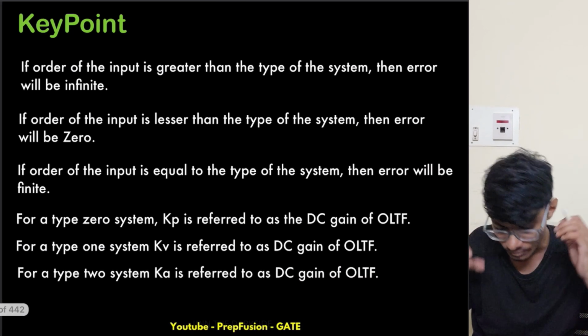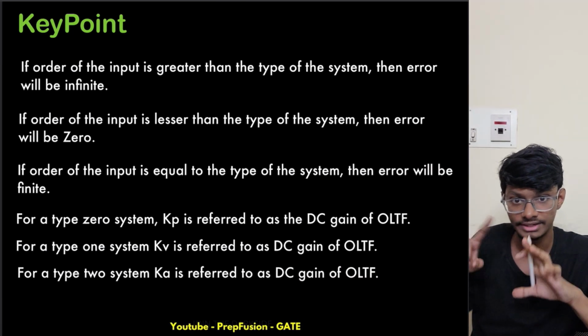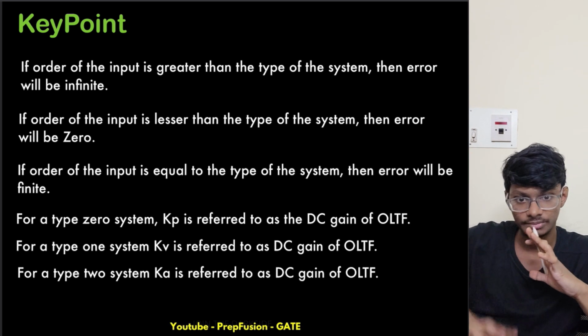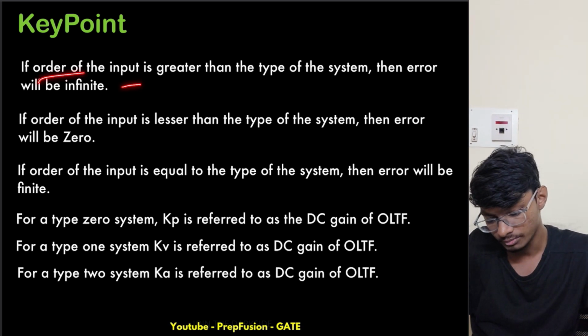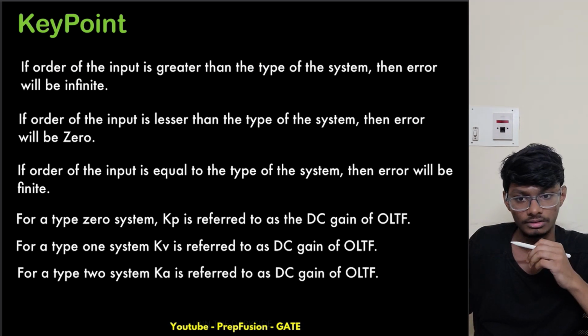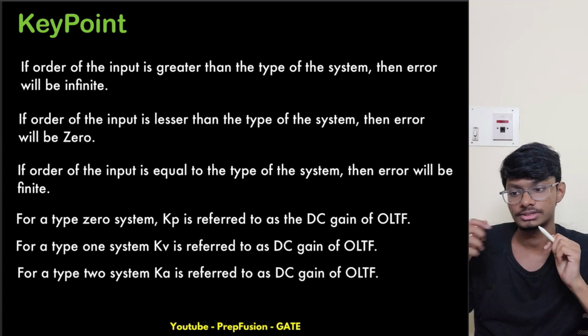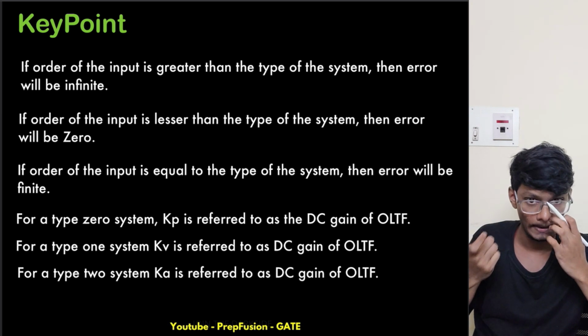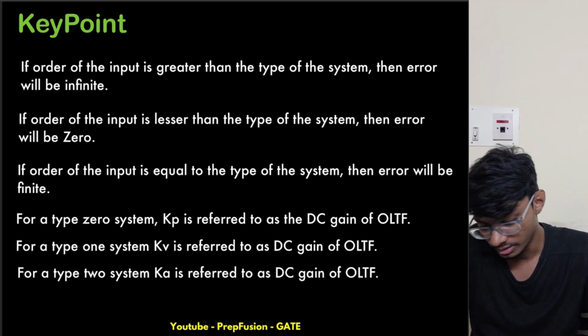So here I have written a few summary points that I didn't write down in the lecture. You can summarize from here. If the order of the input is greater than the type of the system, then the error will be infinite. What is the order of the input? Let's say it is 1 by s, so the order is 1. So I should write order minus 1.